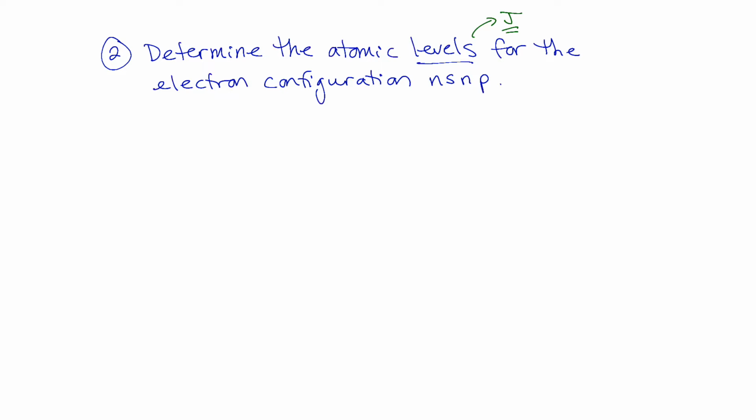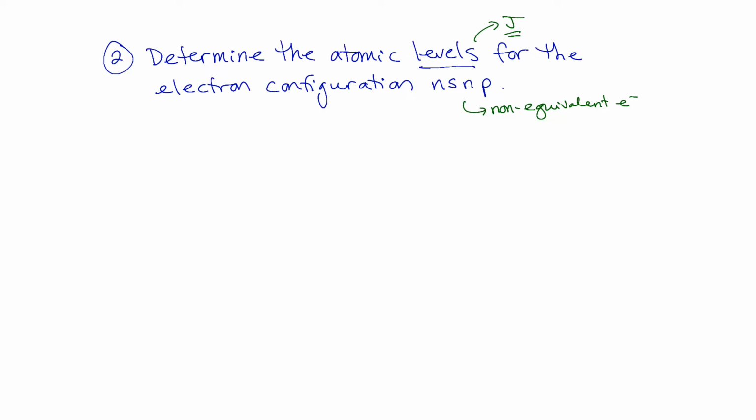So again, we're going to have the situation of non-equivalent electrons. Okay, so again, we don't have to worry about our Pauli exclusion principle in this case, so that makes things nice and easy. We can once again go ahead and use our Clebsch-Gordan series approach.